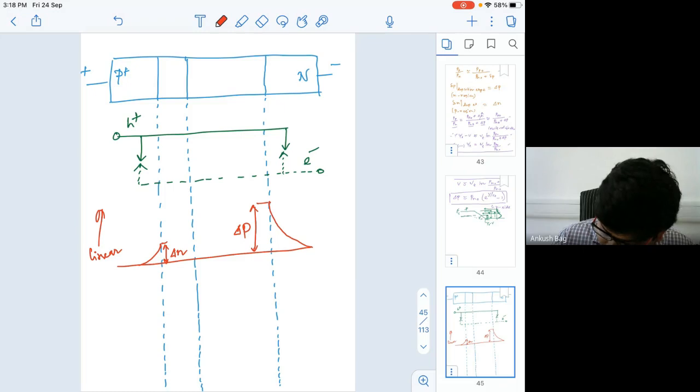And these are all exponential, just as we have derived in that equation. So this is the exponential variation.